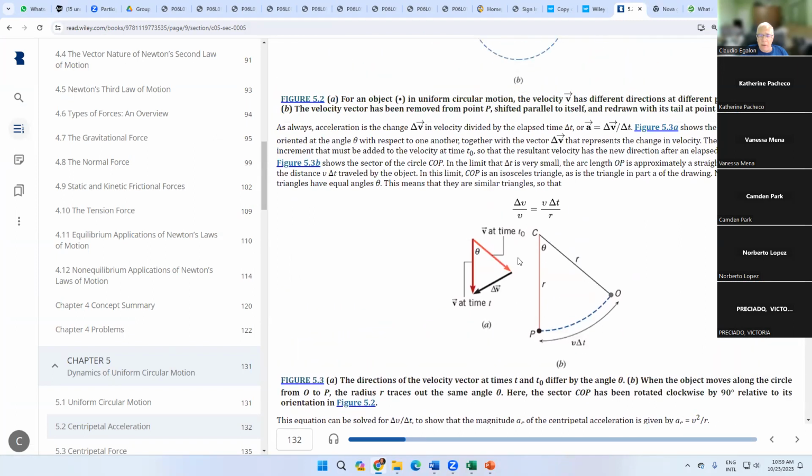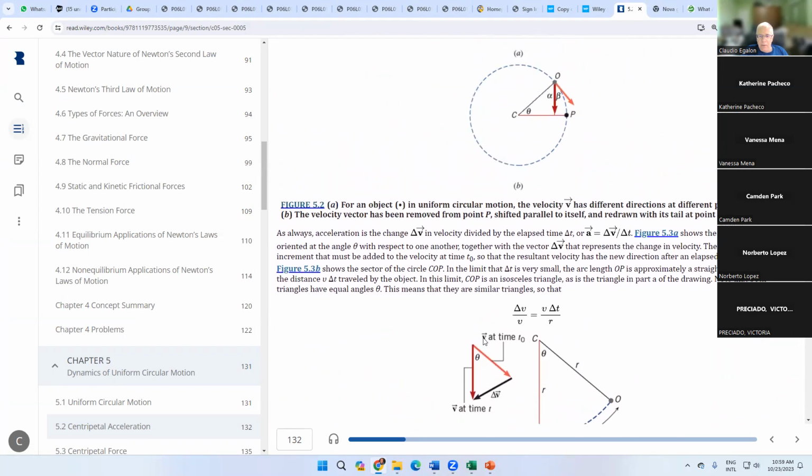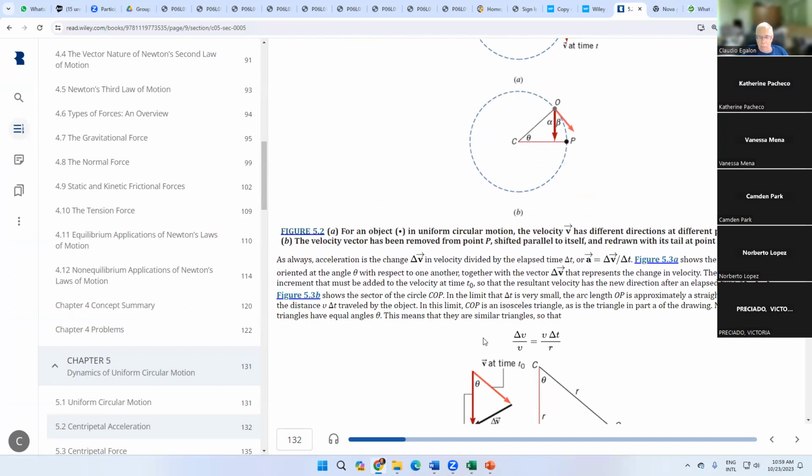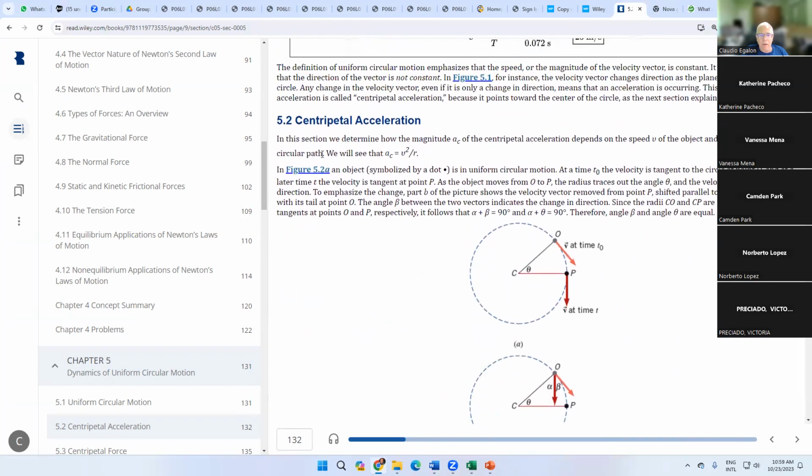It starts right in here. See that? So it's a very interesting method. Yeah, it's spelled out here. See centripetal acceleration? Here's the vector velocity, so they put together those two vector velocities.